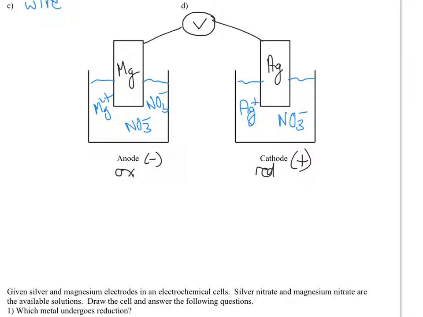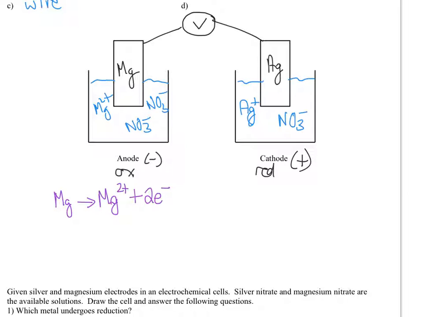Well, if it's oxidized, the charge is going up, so that means you go from low charge to higher charge. So you would go from 0 to +2. So the neutral magnesium would turn into Mg2+, and then you would want to lose the 2 electrons there.